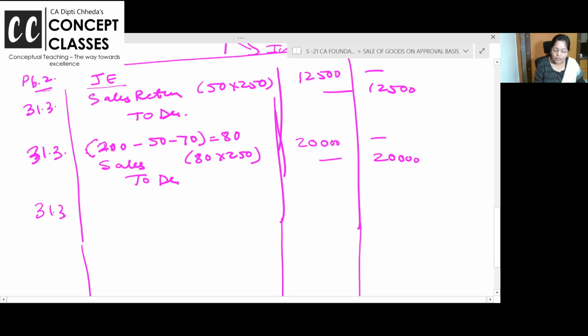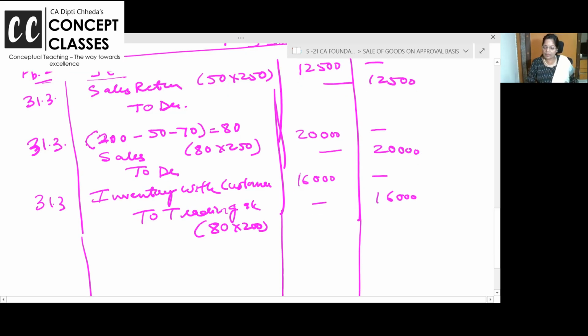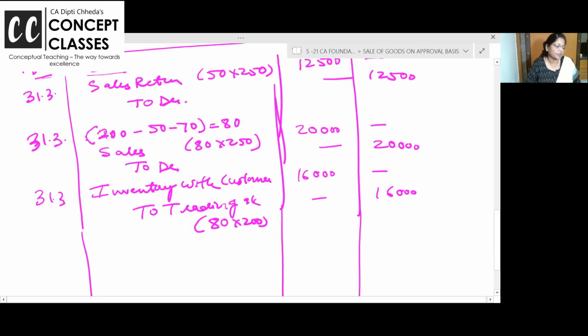Now, are these goods lying with you at cost? Yes. So the last entry: inventory with customer account debit. This debit side will come in the balance sheet, asset side, in current assets, stock. To trading account, 80 into 200, 16,000.